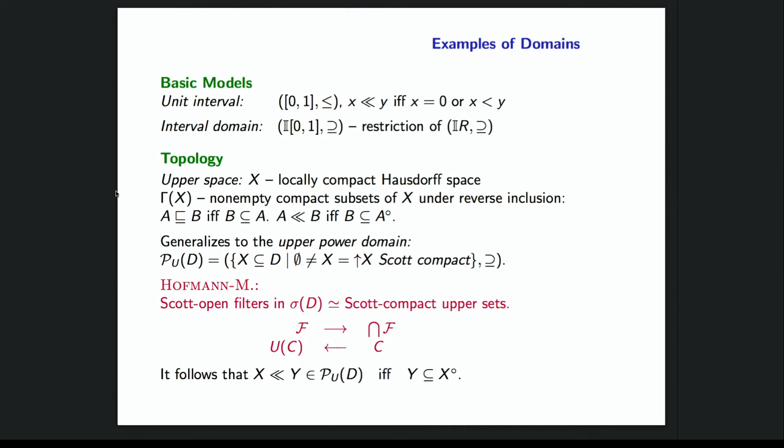How could I construct such an object? Take a compact set and look at all the neighborhoods of it. Because of compactness, if a union of open sets covers a compact set, finitely many do, but the family's directed, so one of them does, that gets the fact that this is Scott open. And in fact, the theorem says every Scott open filter is accounted for by a Scott compact upper set. That's one of these families.